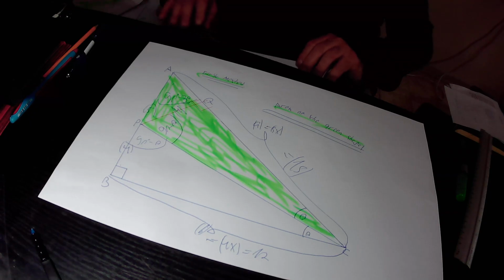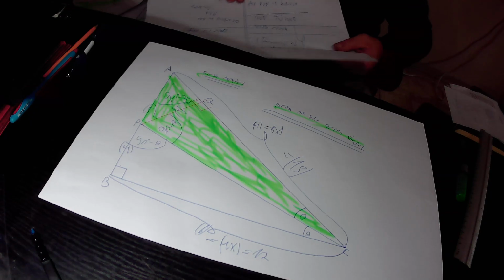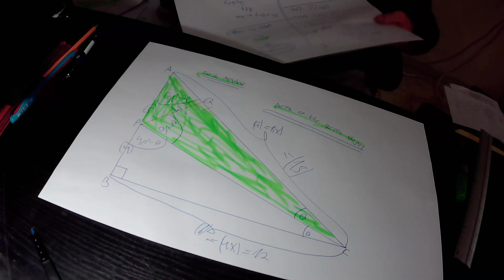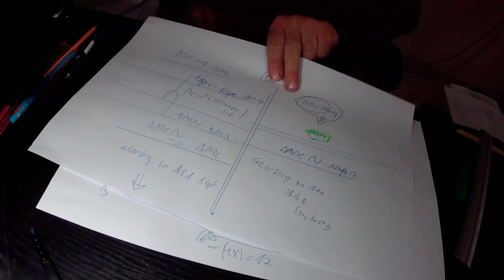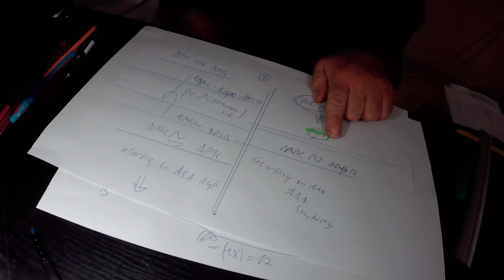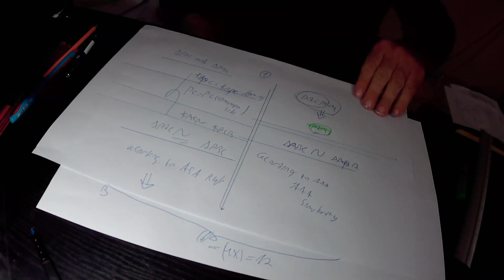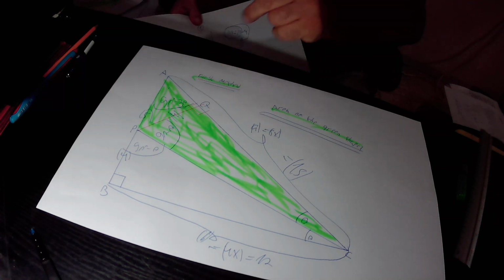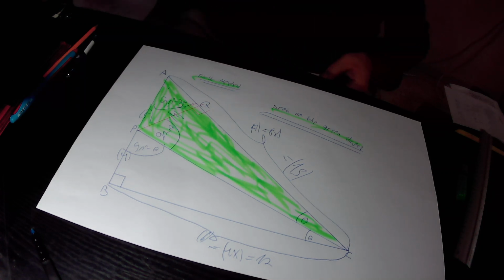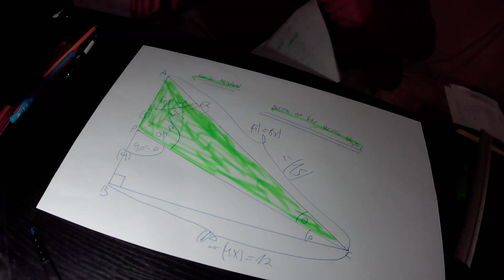Again, in total, we found out that the big right triangle ABC is similar, this is the sign of similarity, to the green right triangle APQ according to the angle similarity rule. And from the fact that those two right triangles are similar, we have the following relationship between their sides.